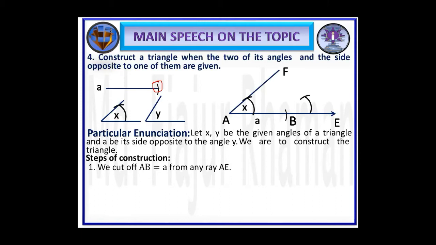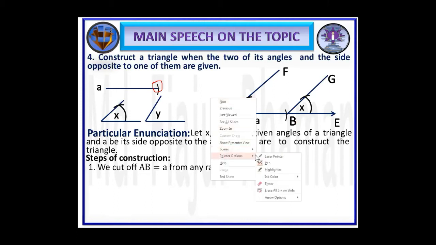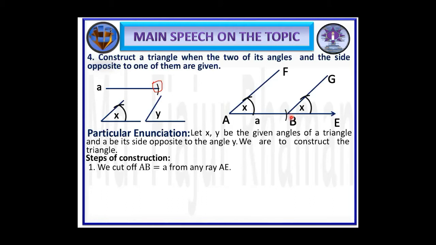And then we join B with the point of intersection of the arcs and extend it. Just write the second step. We draw angle BAF equal to angle X at the point A of AB, and angle EBG equal to angle X at the point B of BE.